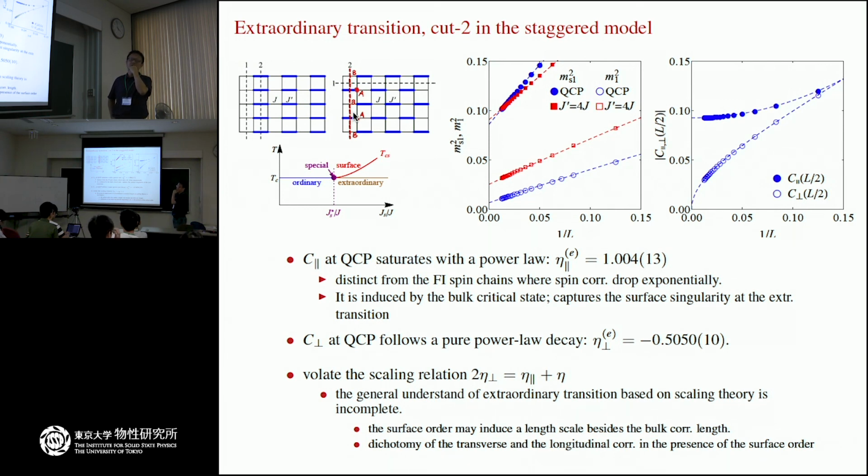Because it appears with the staggered model, right? Yeah, but of course the differences are very big, so I'm not sure. One is critical, one is very magnetic. I don't think there's some relation.